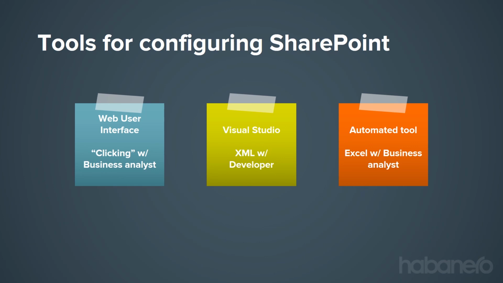The simplest approach would be to use the SharePoint web user interface. You just install SharePoint and then, with the mouse, you're just clicking around, building out your team sites, building out your document libraries, configuring your content types, and so on and so on. It's quite straightforward. There's lots of ability to go in and adjust it and edit it and tweak it and refine it.